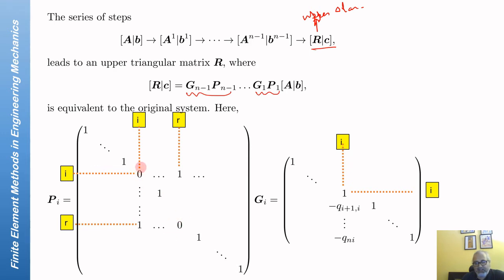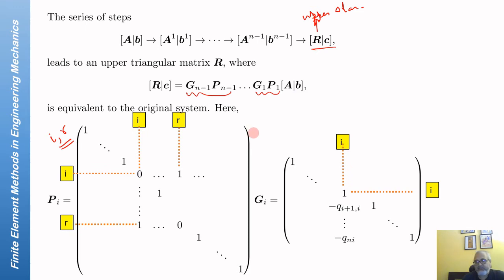Except in diagonal elements ii and rr, it has zeros, and then ir is 1, ri is 1. So this is the permutation matrix that swaps rows i and r at the ith stage of this process.